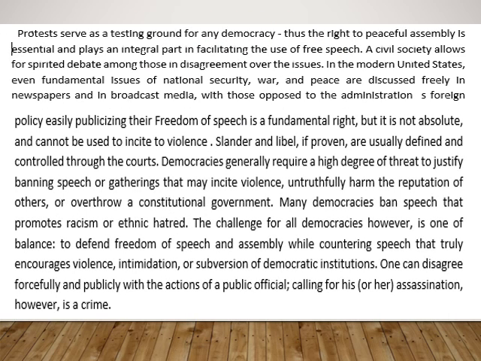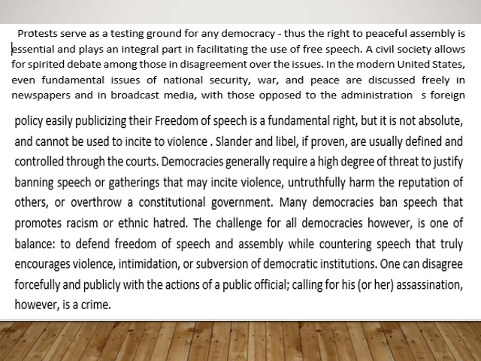Talking more about how we need to differentiate between the tolerant community, the noisy community, and the protection of negative rights, we need to talk about the other part of political participation, which is protest and moving against the government in certain ways. Protests serve as a testing ground for any democracy.